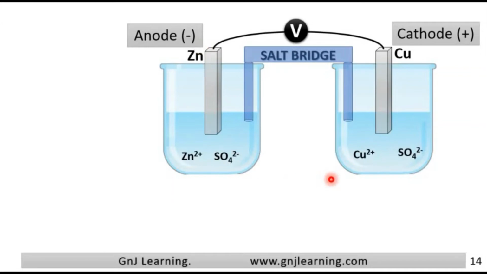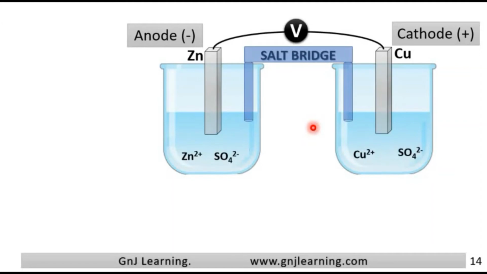But the problem is, before I do this, I first have to standardize each electrode. How is standardization possible? Standardization in the case of a galvanic cell means, if you are taking one electrode, the entire species involved in that electrode must have a concentration of unity.